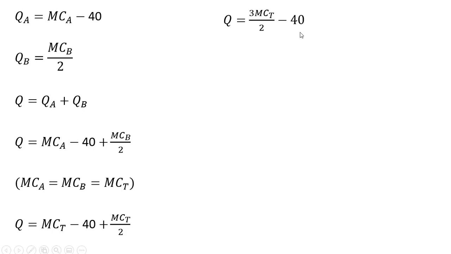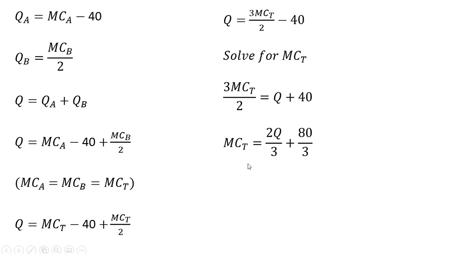So we get the right-hand side to look like this. And now solving for MC subscript T. Moving some things around. Got the marginal cost equation for the total pollution reduction in the industry.